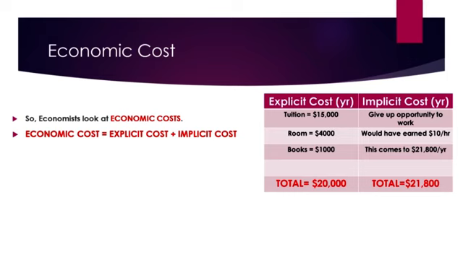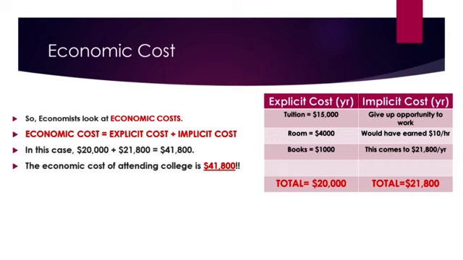So we'd have to add both together. So if I wanted to calculate the economic cost of going to college, we would take $20,000, which is our explicit cost, and add in $21,800, which is our implicit cost, and now we have a total of $41,800.